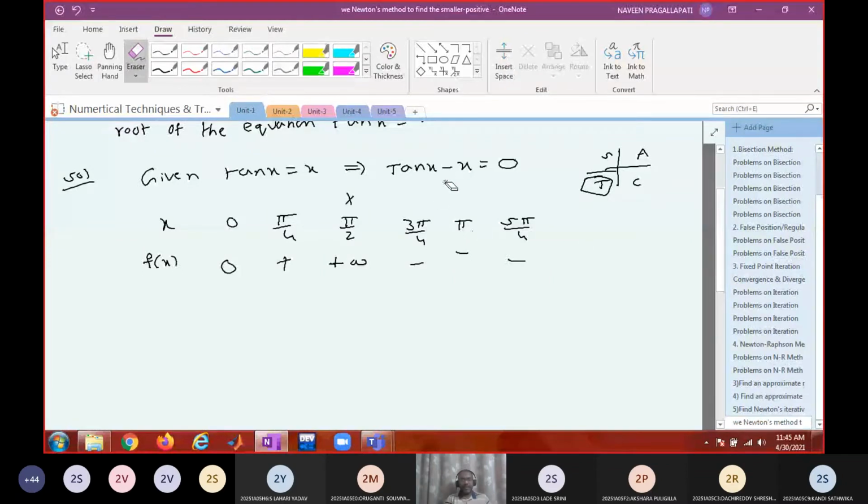Because it goes to infinity again at 3 pi by 2, and infinity minus a positive is positive only, no? I think for 225 to 270 degrees, you will get a positive value. Am I right?